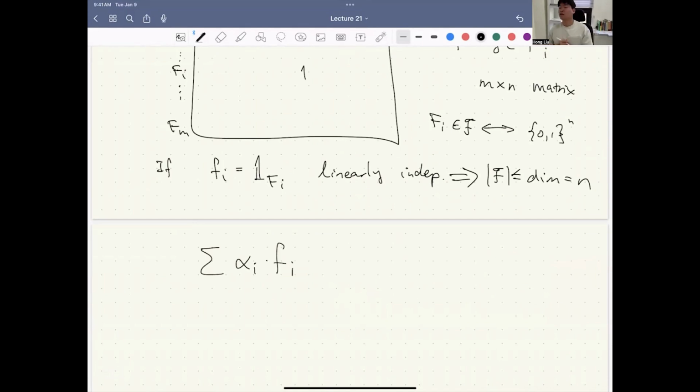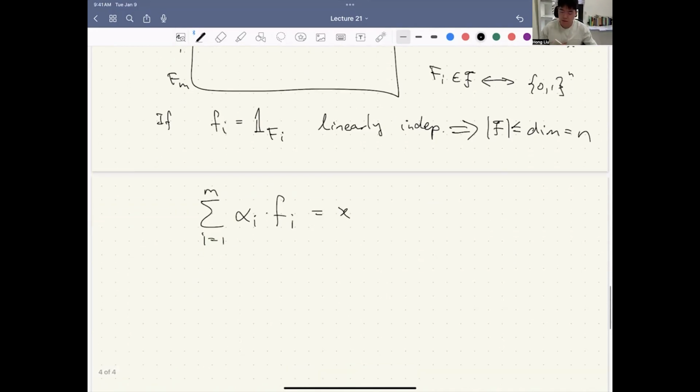Let's look at the linear combination of them and try to see how this looks, with i going from 1 to m. Let's call this vector x. To understand this, let's look at its norm, the inner product.